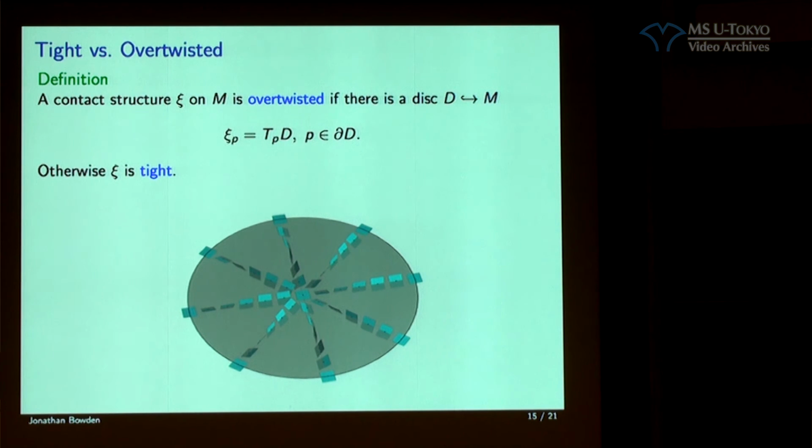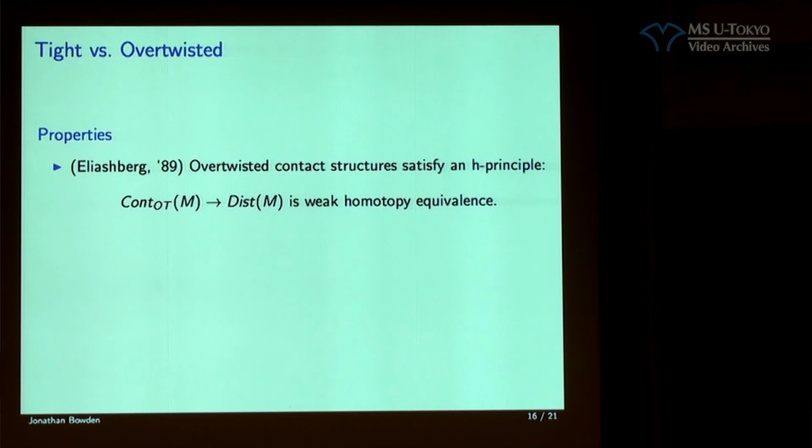Okay, I should say why this is amazing, and it is amazing because of the result I mentioned in the beginning, and after you see this result, you ask the question I asked, I guess, or Ellen did, or other people. So overtwisted contact structures satisfy an h-principle. So the inclusion of the space of overtwisted contact structures in the space of all distributions is a weak homotopy equivalence.